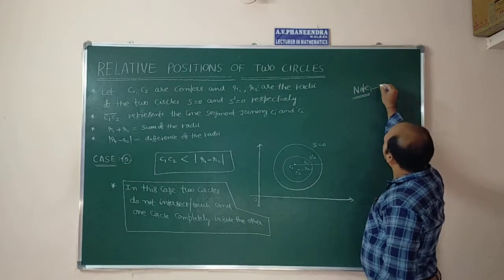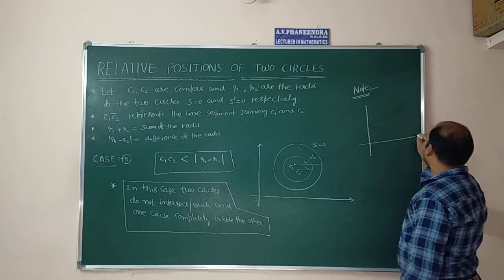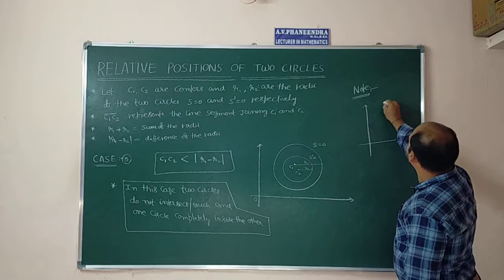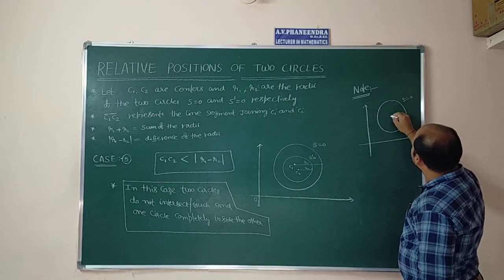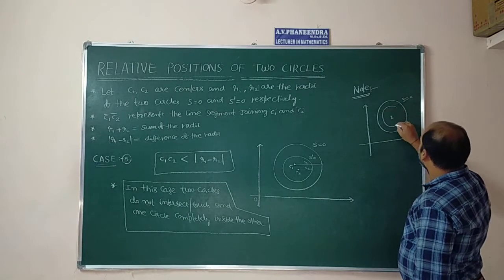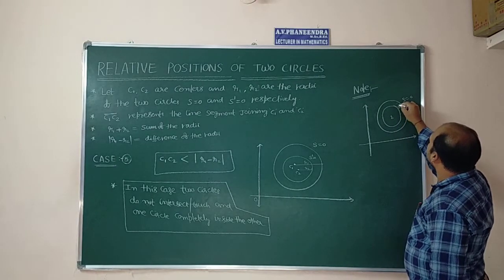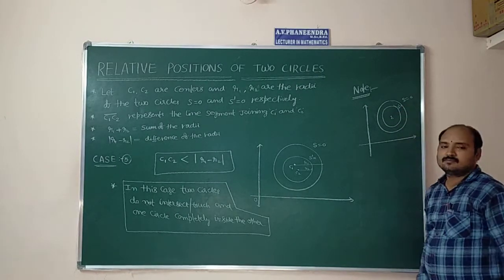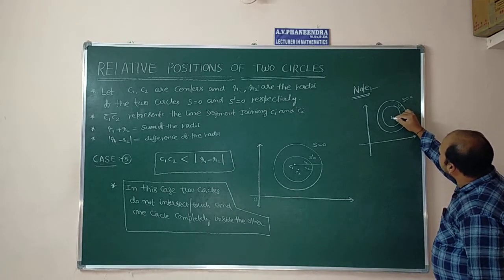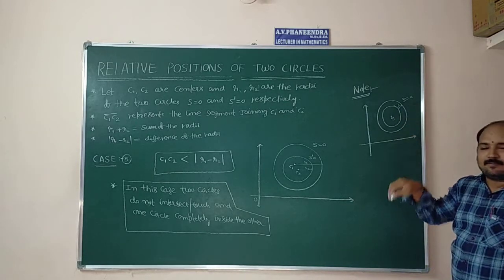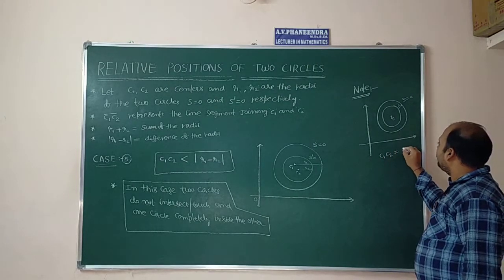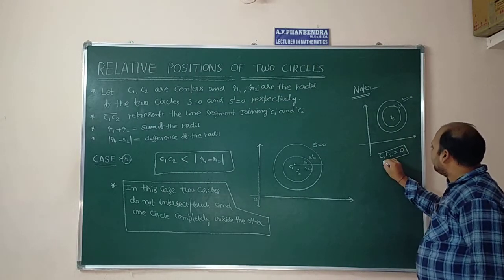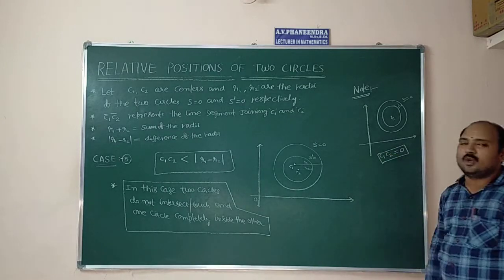Suppose the position is like this. S equal to 0 with center C, S dash equal to 0 with center C. Both the centers will be the same. That means, in the diagram, the distance between their centers is equal to 0.